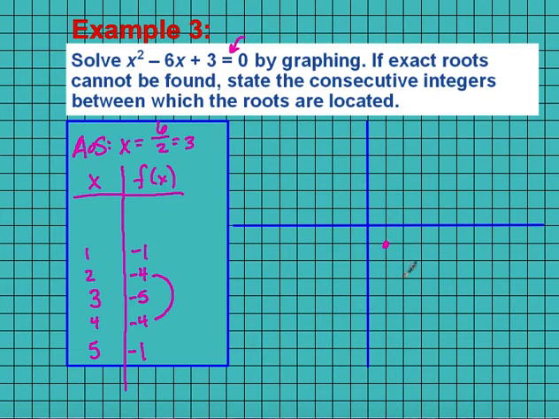So 2 is going to take me to negative 4. 3 takes me to negative 5. 4 to negative 4, and 5 to negative 1. Now you can see that we haven't crossed yet, but I am very close. So I'm going to pick one more point to the left and one more point to the right.